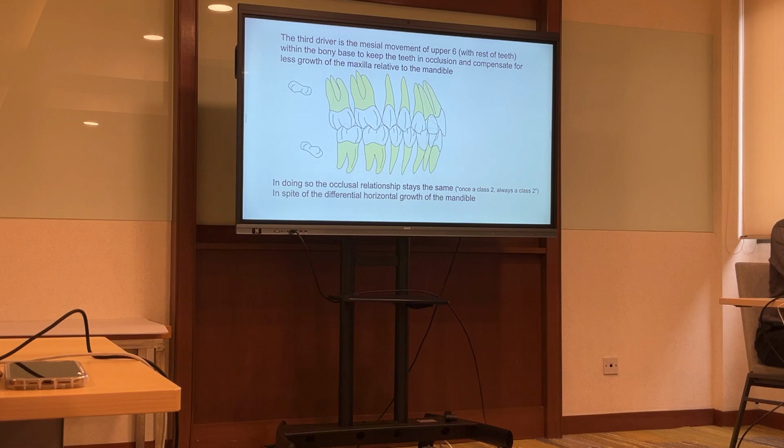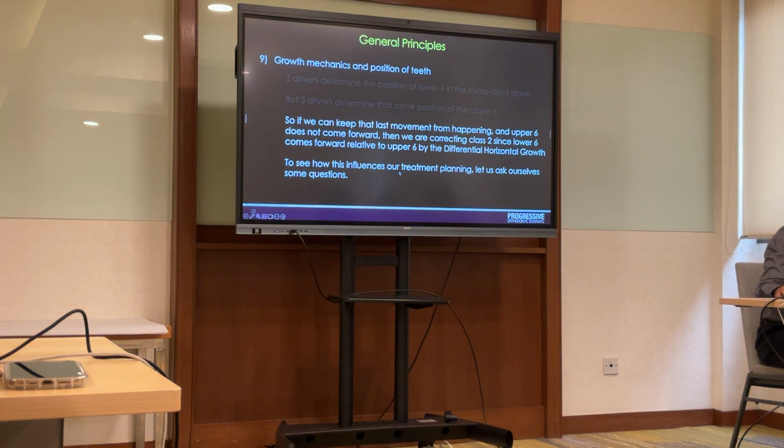You have to time it just before the growth spurt happens. So you need to see the growth markers and understand when the growth spurt is going to happen. At that time you have to create disocclusion. Okay? If you can keep the last movement from happening, the upper 6 does not come forward, thereby correcting class 2 differential horizontal growth.